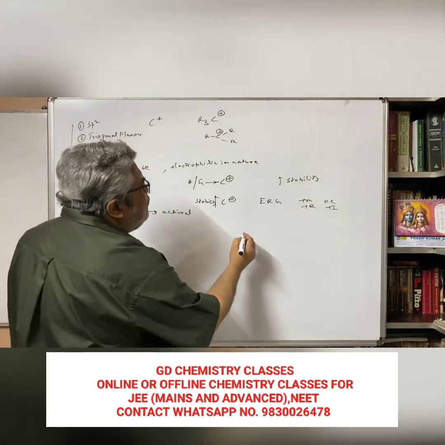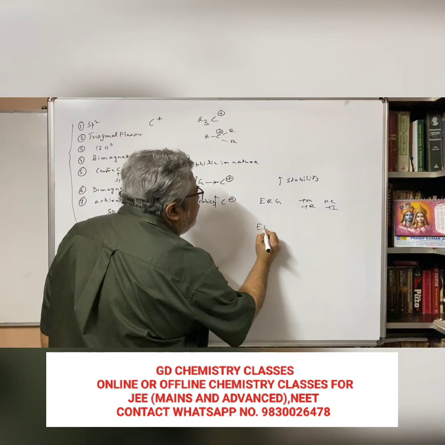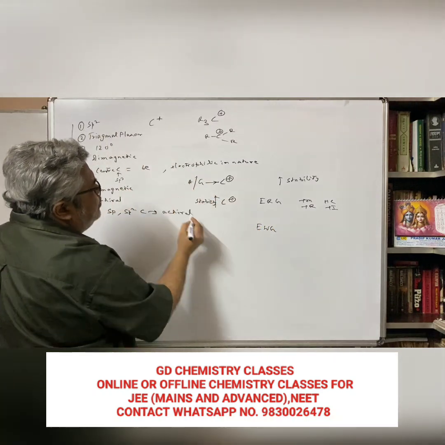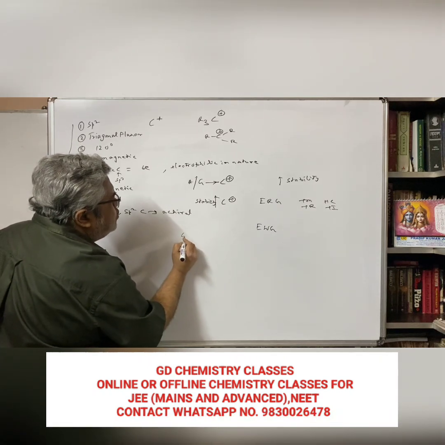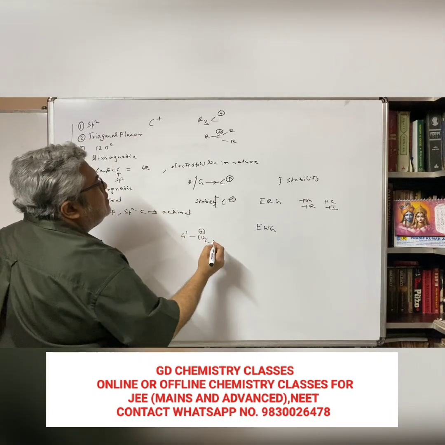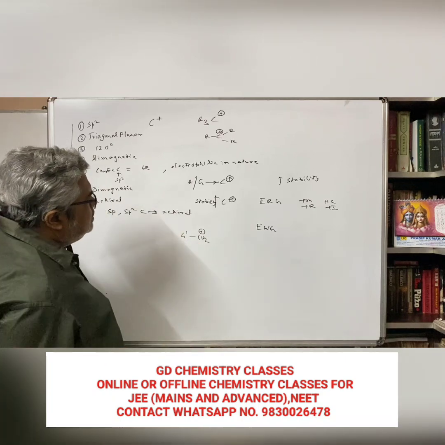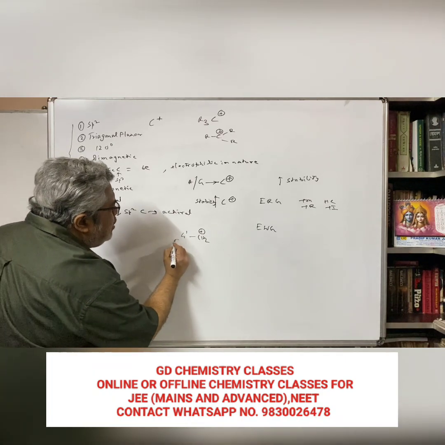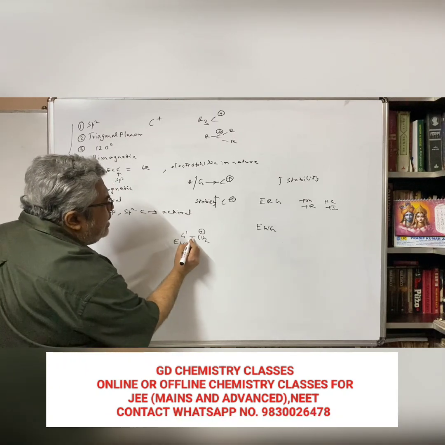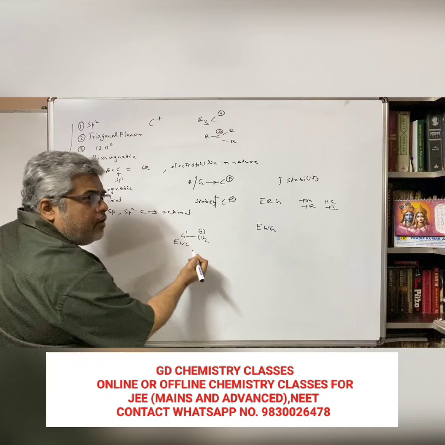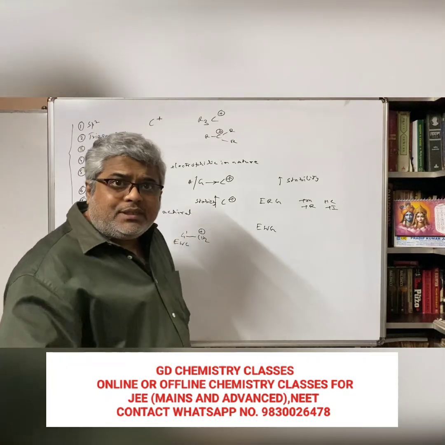Similarly, suppose this group is electron withdrawing. Suppose, let's take another example, like this. Now this is electron withdrawing. What is it doing? It is pulling the bond pair of electrons away from this carbon atom, making it more electron deficient.